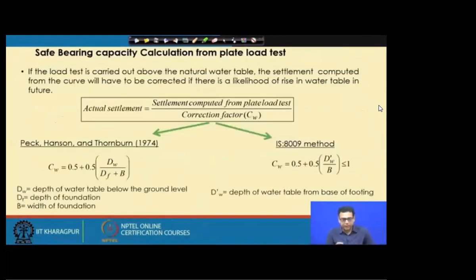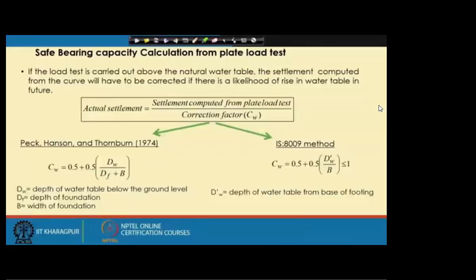Next one: in the safe bearing capacity calculation from the plate load test, we have to apply a correction factor, because till now we have considered that there is no water. We have not considered the water effect, but if there is a possibility of water table rise, then we have to consider the water table effect also.